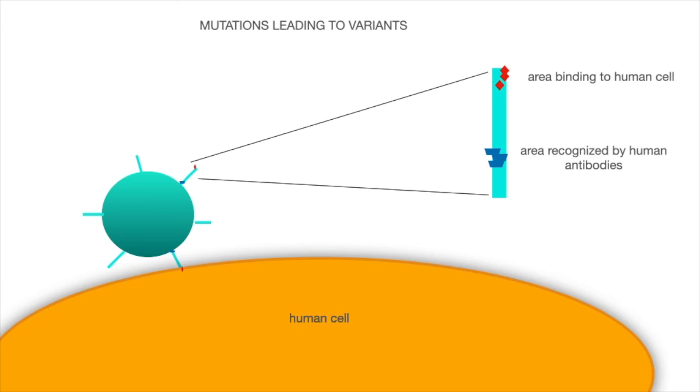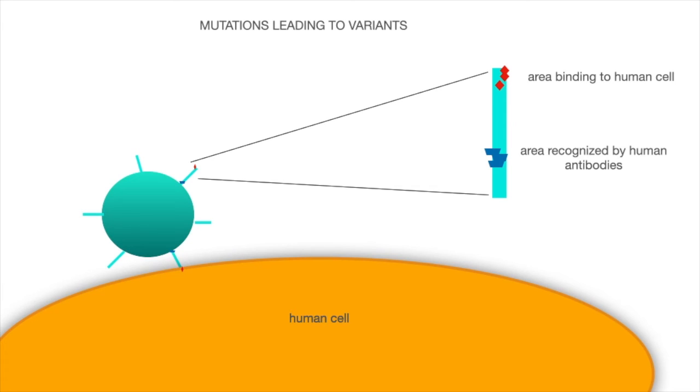And if you look on the large blown up spike there's also an area on the spike which is recognized by antibodies that are manufactured in response either to a vaccine or to actual infection. And those are usually in two different spots on the spike. They might not be very far apart as illustrated here, but they are distinct.